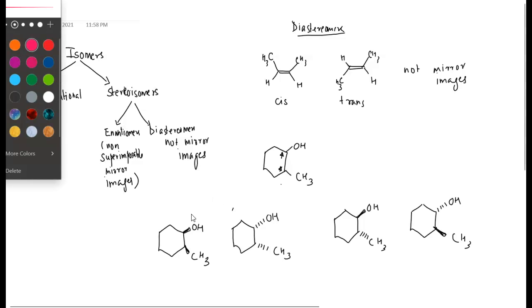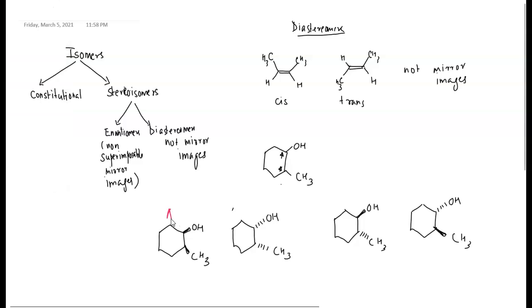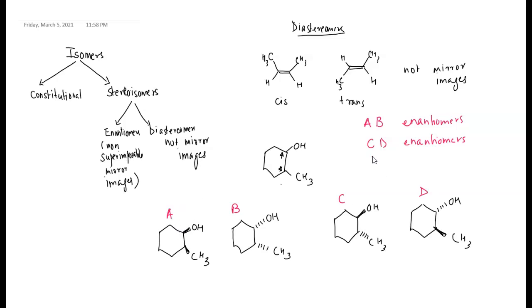Okay, let's label them. Let's call them A, B, C, and D. This is structure A, structure B, structure C, and D. Now A and B are enantiomers. Similarly, C and D are also enantiomers, right? Because they are mirror images of each other. However, what is the relationship between A and C, or B and C, or A and D, and B and D?